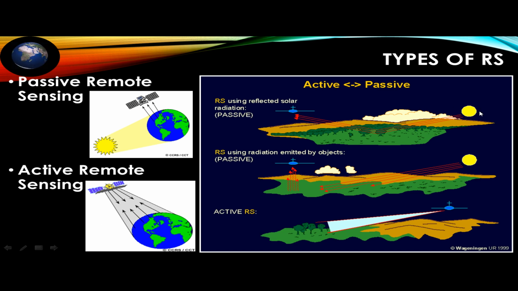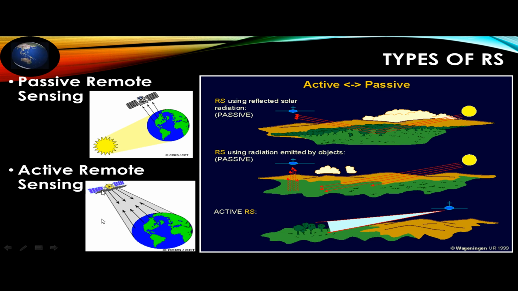Here, the sun's radiation itself is reflected and captured in our sensor, and we are assessing this reflected information from the sensor using the radiation emitted by the object. So this is called passive remote sensing.